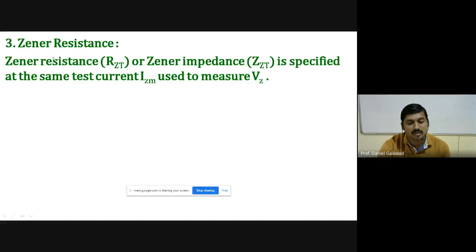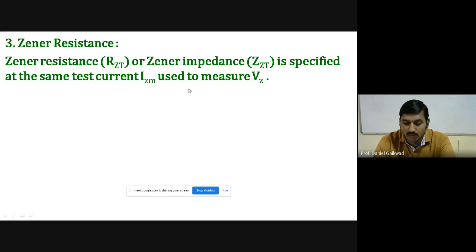Number third is the Zener resistance, in brackets RZT, or we have the Zener impedance, ZZT. The Zener diode has a certain resistance between its two terminals, denoted by RZT, or Zener impedance ZZT. It is specified at the same test current IZM used to measure VZ.